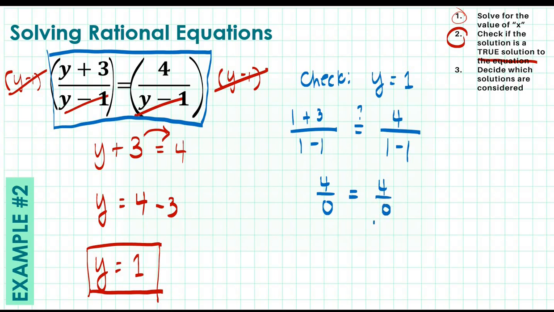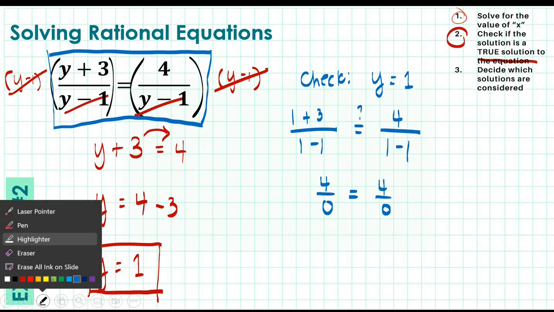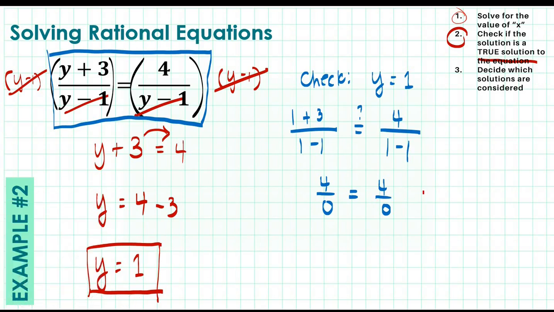Notice that the left-hand side and the right-hand side are equal, but there is a problem here. Any number with a denominator of 0 will give us an undefined value. If the value is undefined, definitely we cannot get any value in reality.